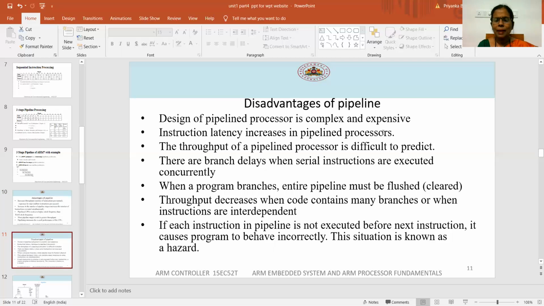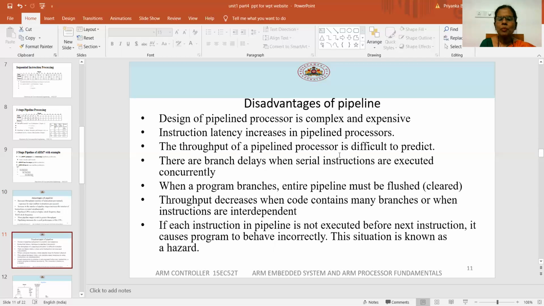To fill the pipeline, for the first instruction to come out for execution, it needs the number of stages. If it is 3 stages, after the third stage the first instruction is executed. In cycle 3, all the stages will be filled. The process of filling the pipeline is called latency. So this instruction latency increases in pipeline processors.